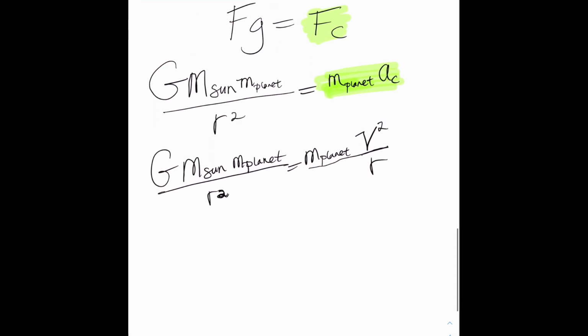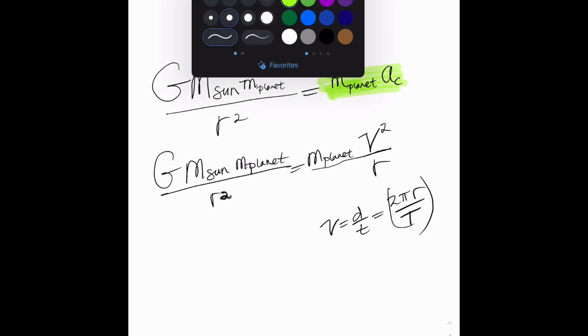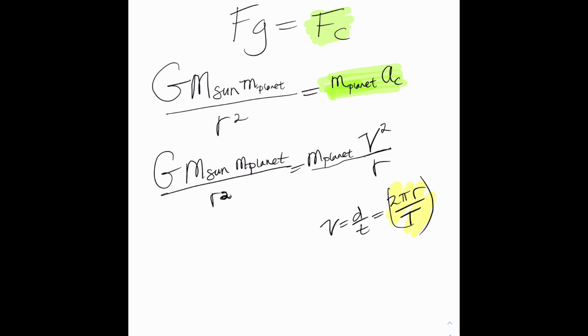Let's remember that velocity is equal to d over t. Let's remember that the distance around the circle is 2 pi times the radius. Let's remember the time to go around the circle is the period. And let's sub this 2 pi r over the period in for v.